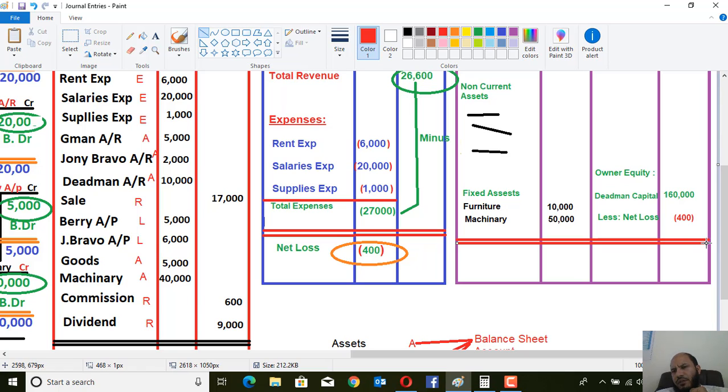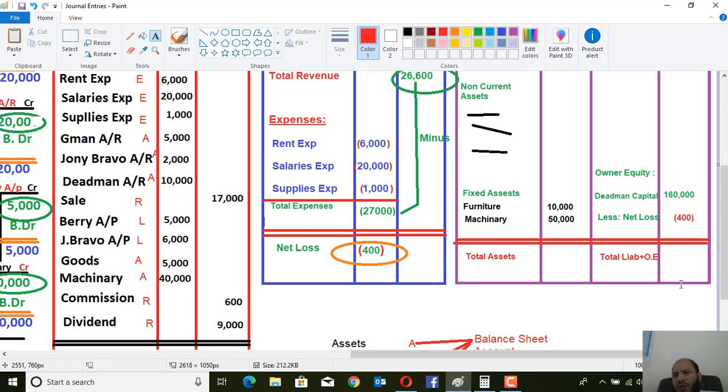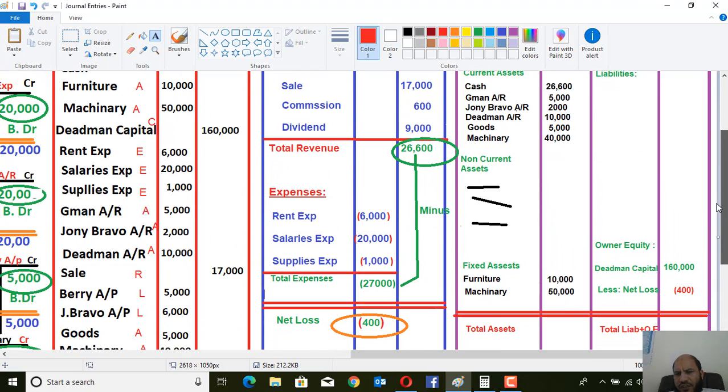Okay, done. Now here we will write down the total assets, and here we will write down total liabilities plus owner equity. Okay, dear students, so now let's add something.